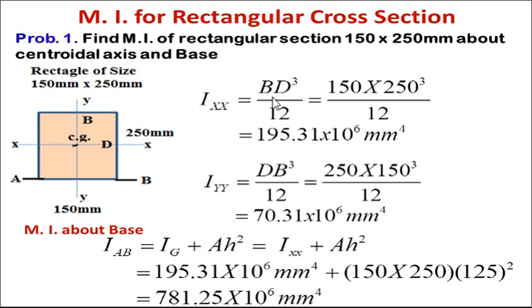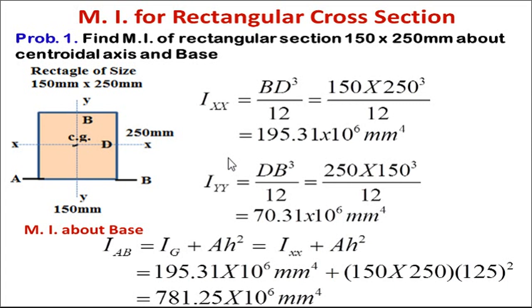To find the bending stresses, unless you know Ixx, Iyy, you cannot calculate the bending stress. Similarly, in shear stresses, unless you know moment of inertia, you cannot calculate shear stresses. That's why everybody should know how to calculate MI of different cross sections.